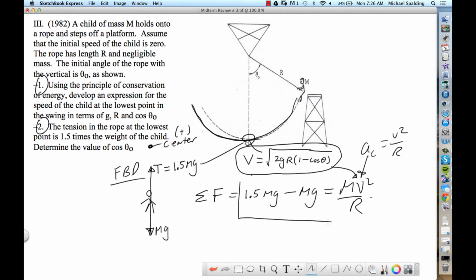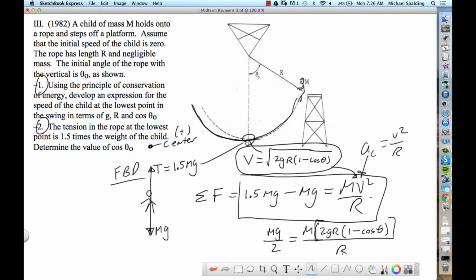Okay, so let's simplify this. Here's our equation. This is going to become 0.5 mg. So let's just call it mg over 2. This is going to be mg over 2, right? Equals m times 2gr(1 minus cosine theta) over r.